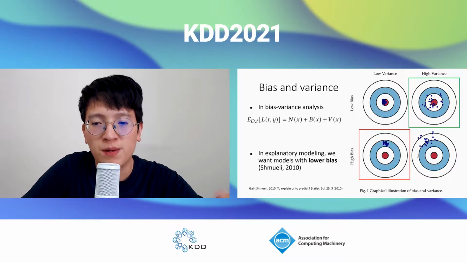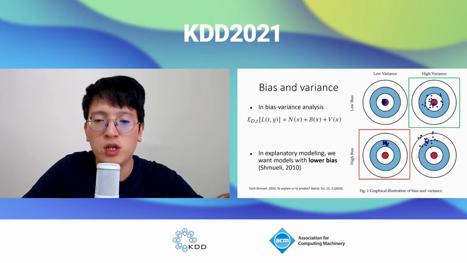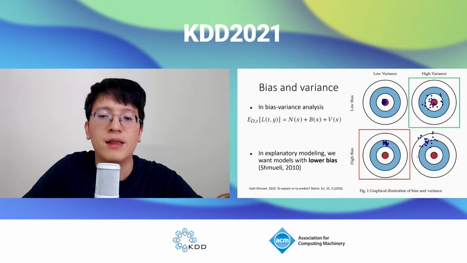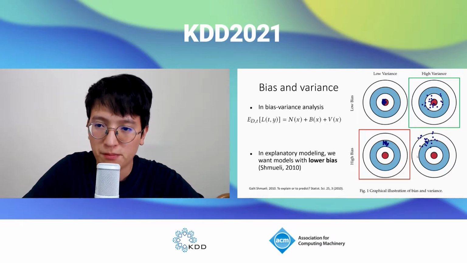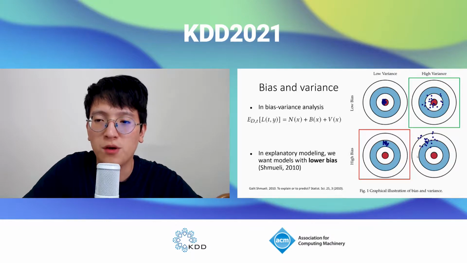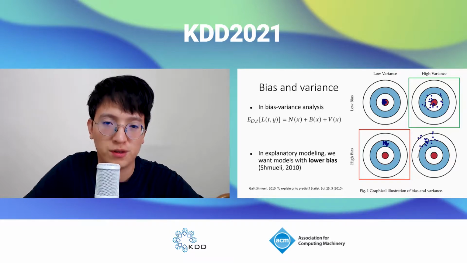And in explanatory modeling, we will prefer the green one instead of the red one, because the red one will tell you something wrong very confidently. So the users might be misled by this wrong pattern. On the other hand, for the green one, although it has higher variance, on average the pattern is much closer to the ground truth.